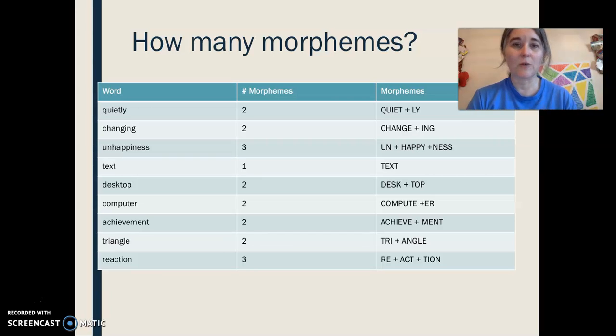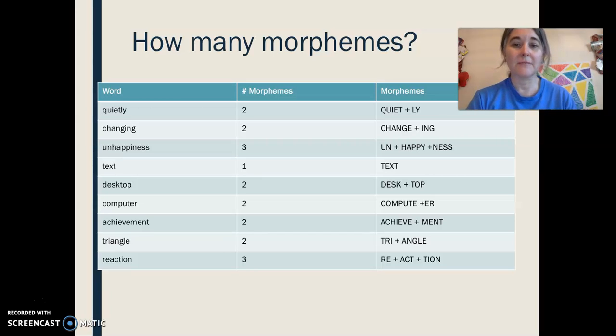Text is a single morpheme, can't be broken down anymore into meaningful units. Desktop is a compound word, so that's two morphemes, desk and top. Computer can be broken down into compute and er. Achievement: achieve and ment.